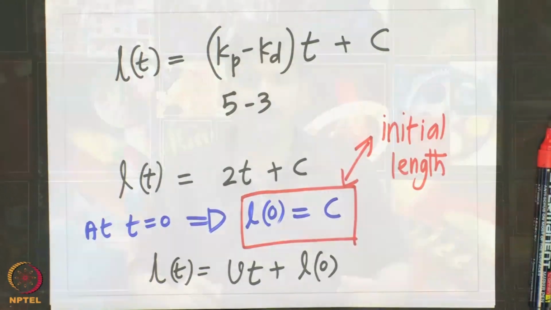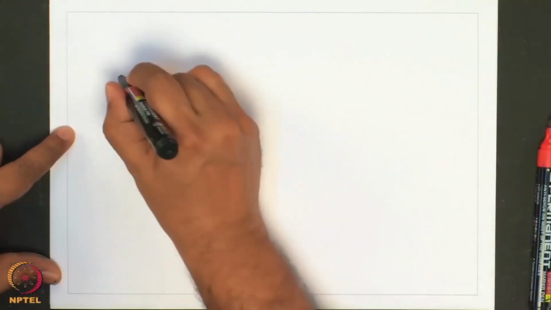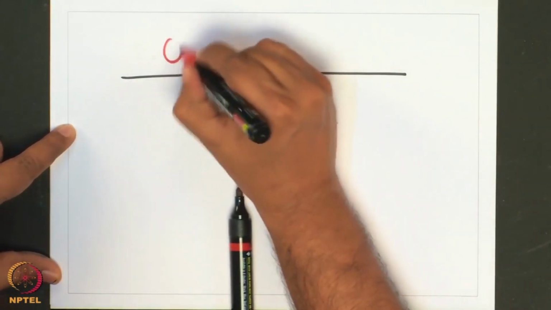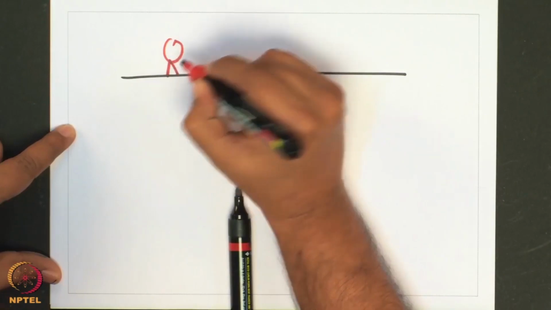The same thing is applicable for many other things. Imagine that you have a molecular motor walking along a microtubule. So, imagine the following: this is a microtubule on which you have a molecular motor walking.